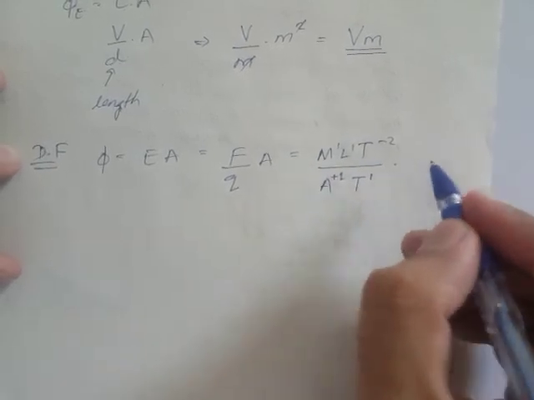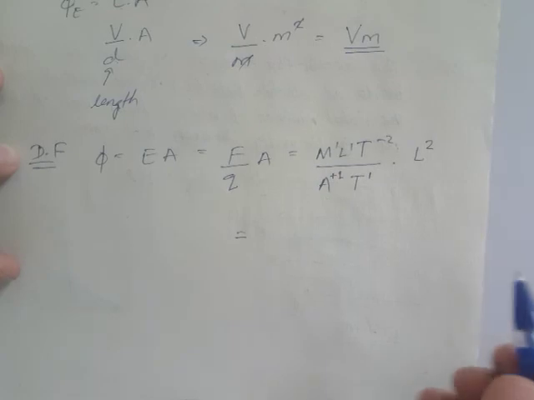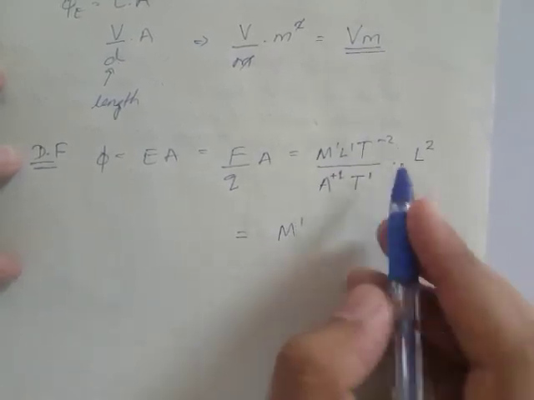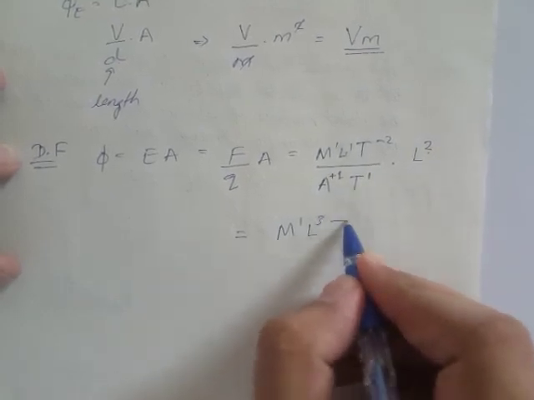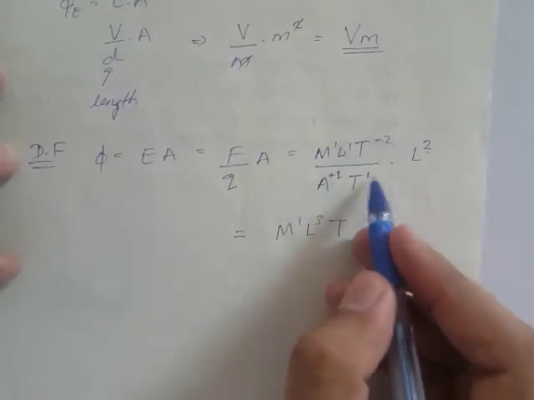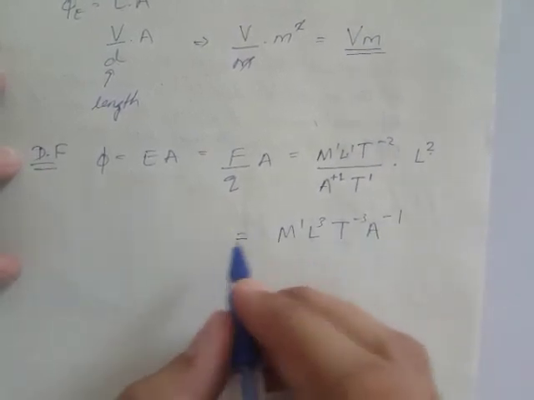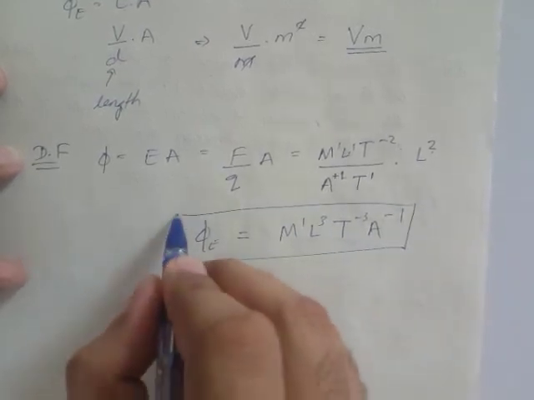And area can be written as L square. So we get the dimensional formula M1 L3 T minus 3, and ampere is minus 1. This is the dimensional formula for electric flux.